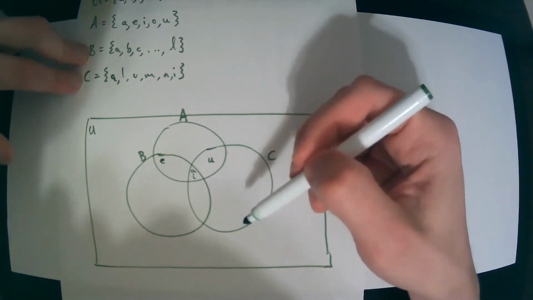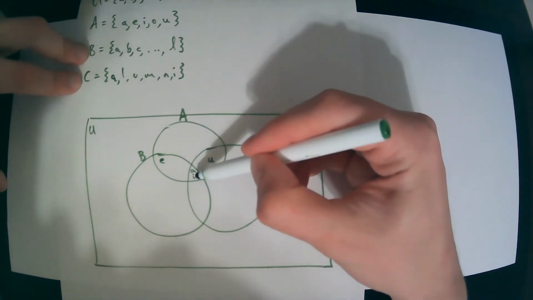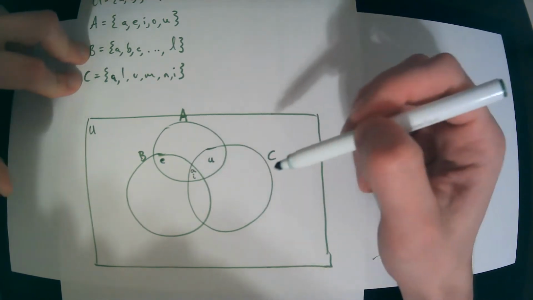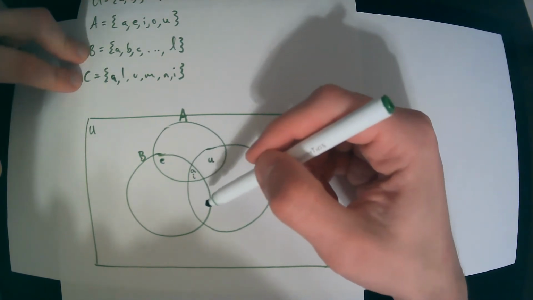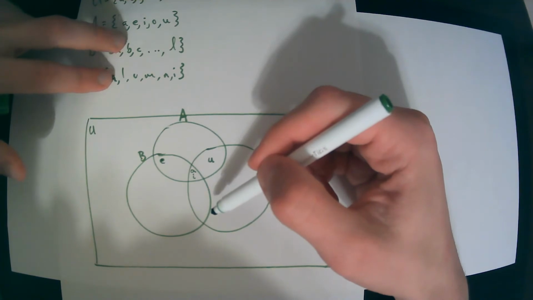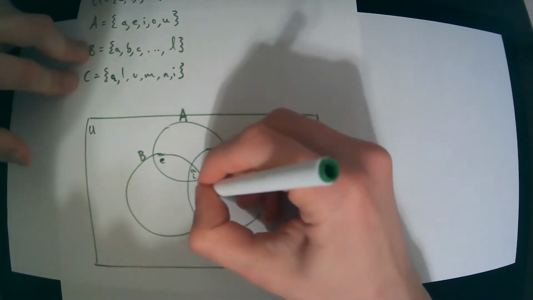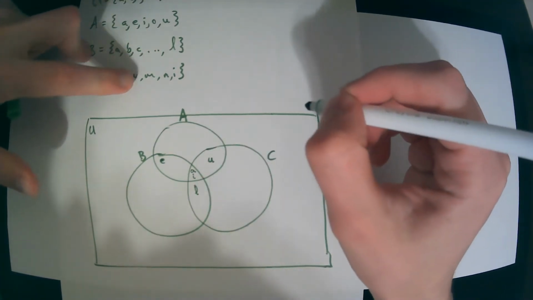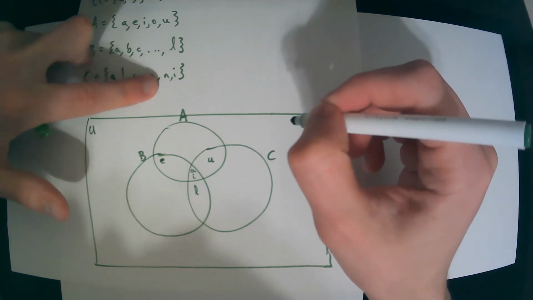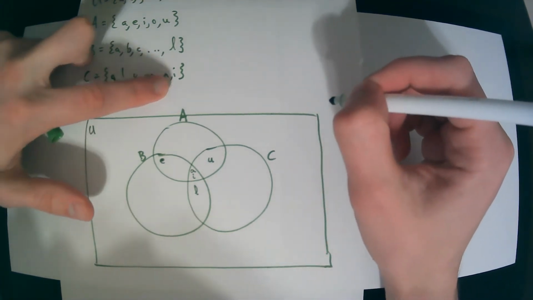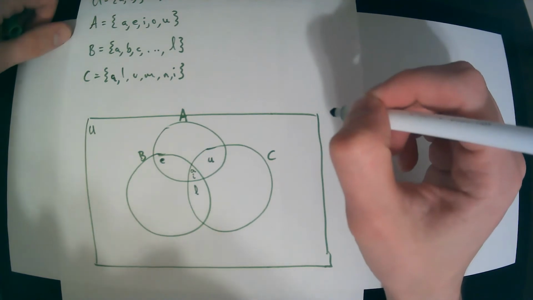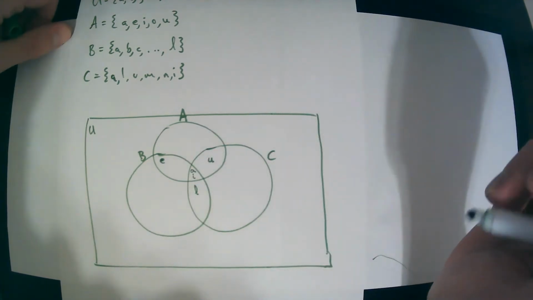So I'm looking at intersections first, looking at the innermost intersection very first, and then working my way out. B and C. A, B, no. L is there. L, U, no, M, no, N, I. Okay, so that's it. Just one letter in B and C.